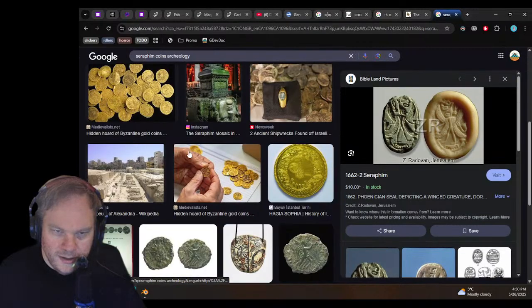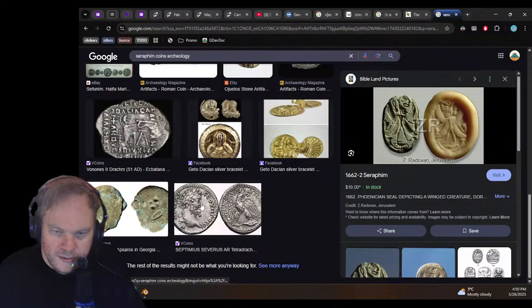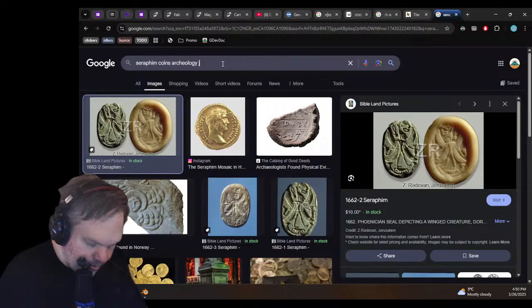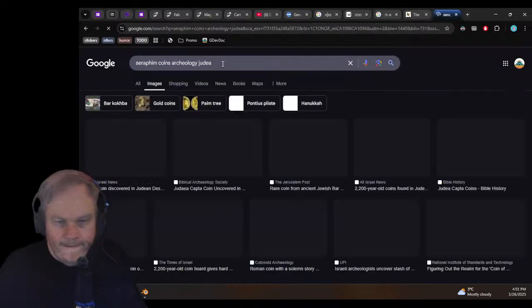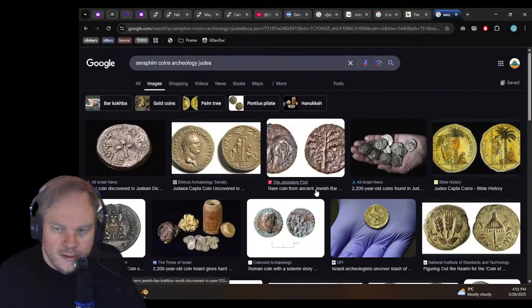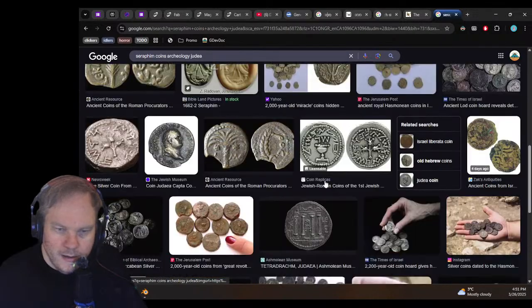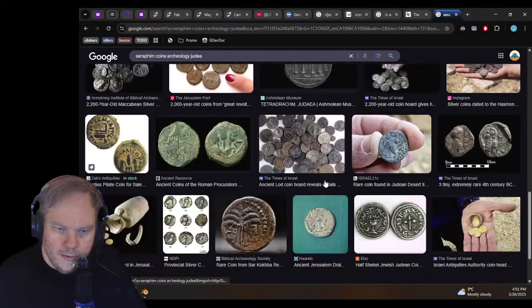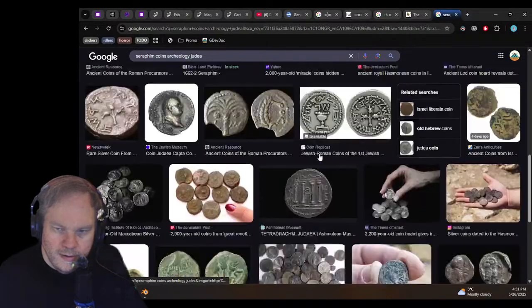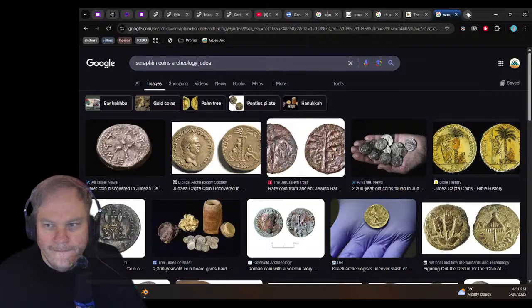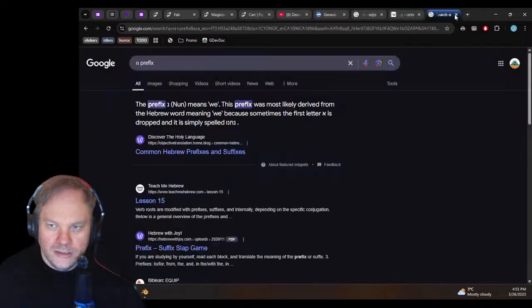It's not the right one. It's another name at that time than Judea. It was Canaan. I don't remember. They are coins with seraphim on them, and it's like a little snake with wings. It's not important.